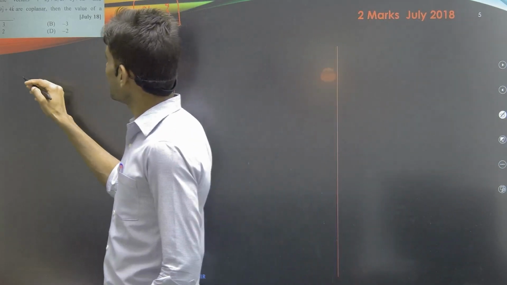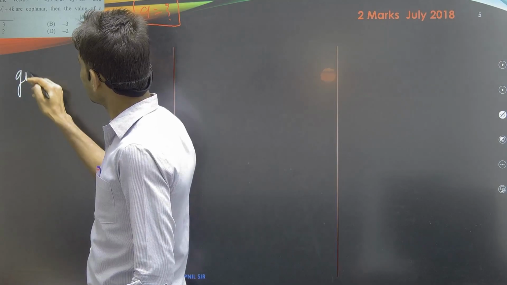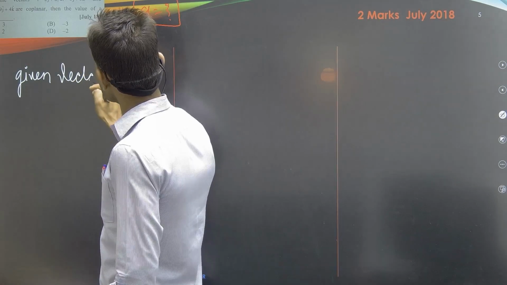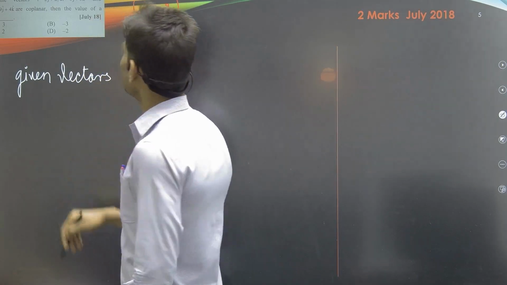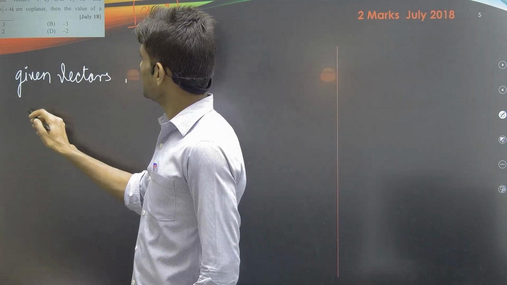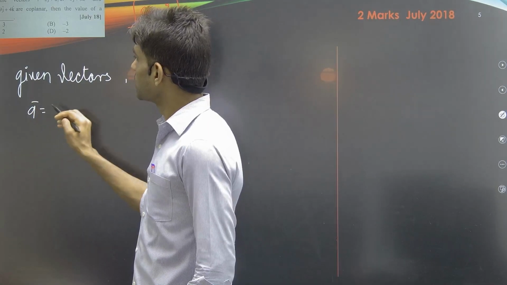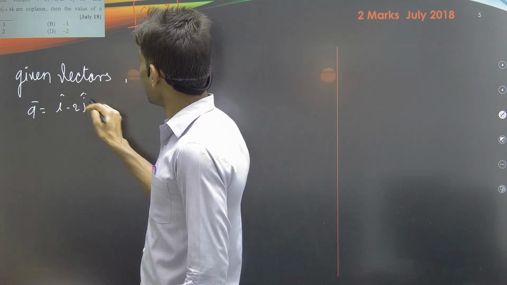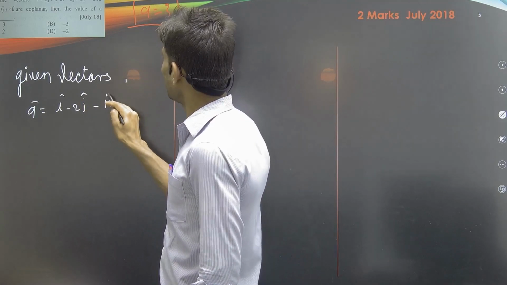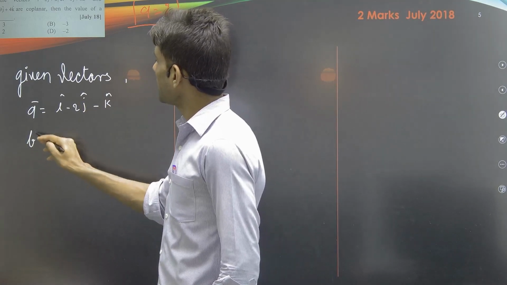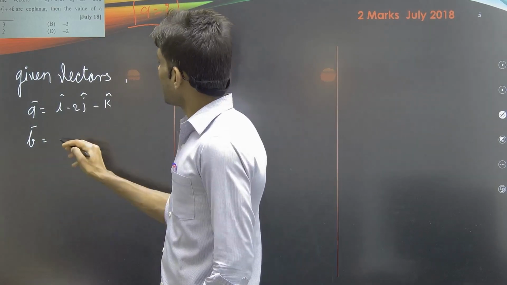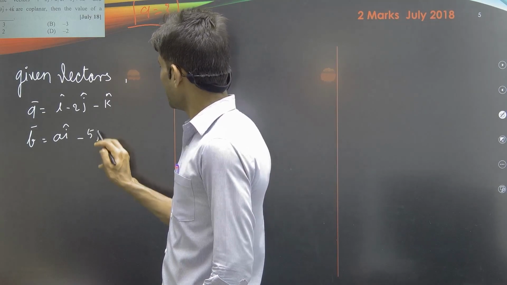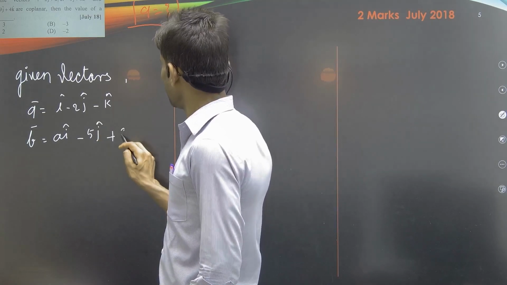Okay, so we have given vectors. First consider the first vector as a bar, which is equal to i cap minus 2j cap plus k cap. Again b bar, the next position vector, a into i cap minus 5 into j cap plus 3 into k cap.